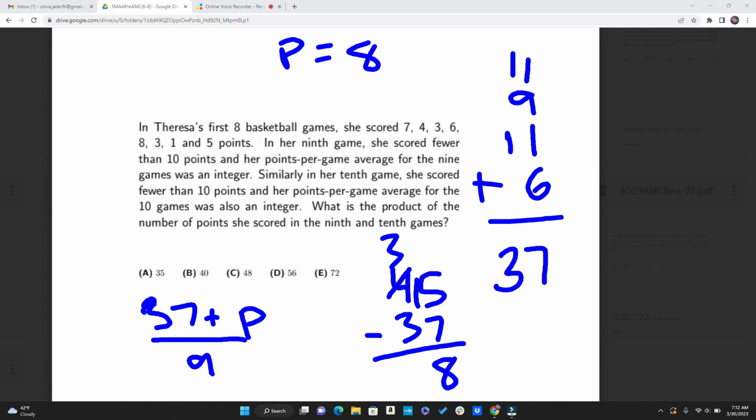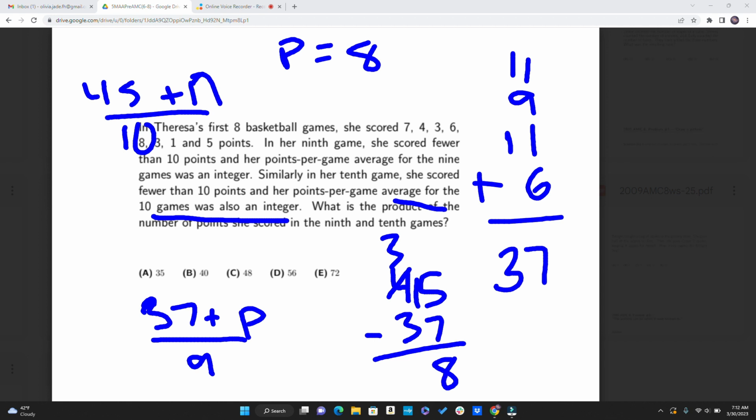Okay, then what about the 10th game? After the 9th game, she's at 45 total points. Now we want some new number, we'll say n, so that 45 plus n divided by 10 is an integer, because her average for the first 10 games was also an integer. What's the next multiple of 10 after 45?